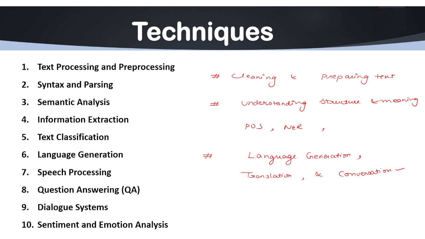So basically all these techniques are divided into three categories. The first category is your basic category, where cleaning and text preparing is done. Another is the understanding of the given or shared text. The third or the advanced one includes your language generation, where we can convert text from one language to another language, right? So all these are different techniques.